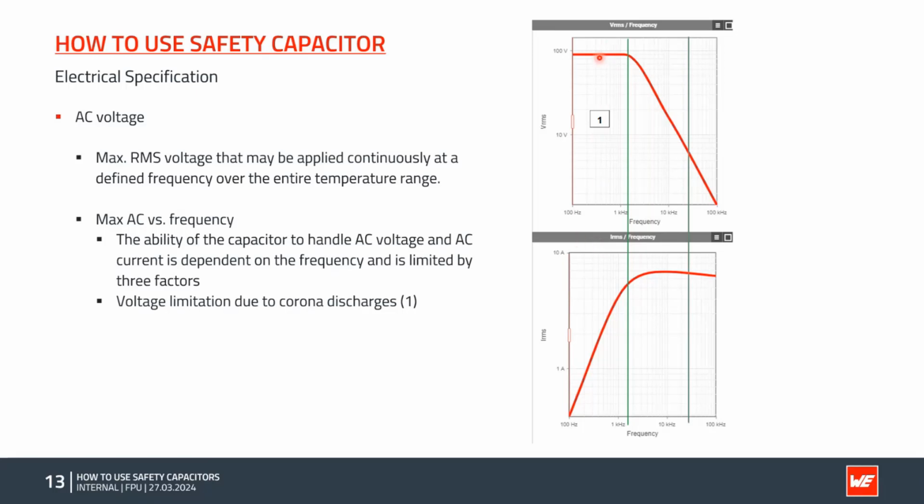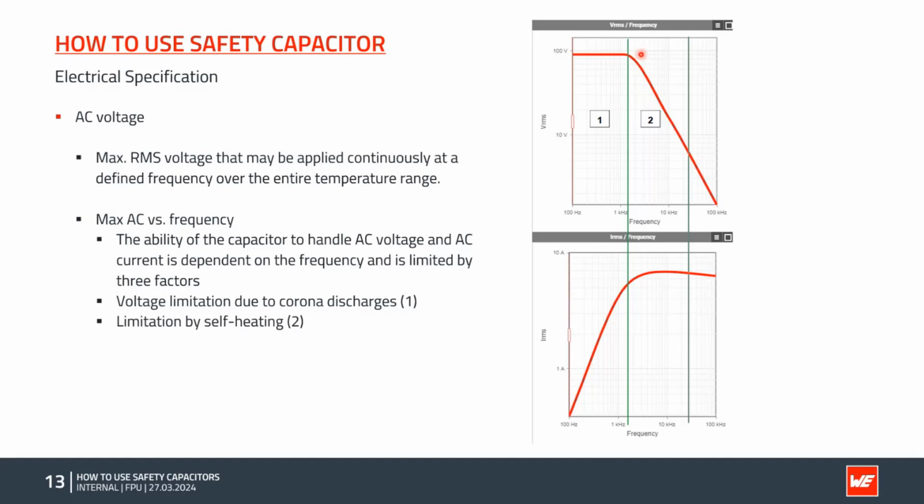The voltage is limited by corona discharges, it means so-called partial discharge. So it's checked at which value you could continuously apply an AC voltage, and there is no partial discharge, because when you increase the rated voltage, also the partial discharge inside the capacitor will rise.